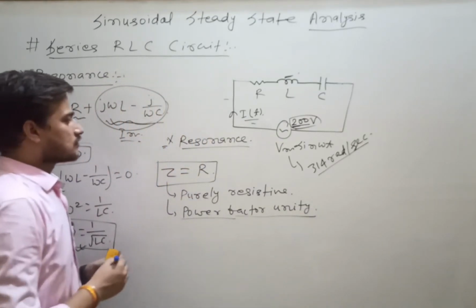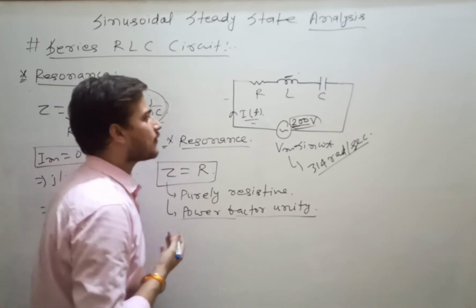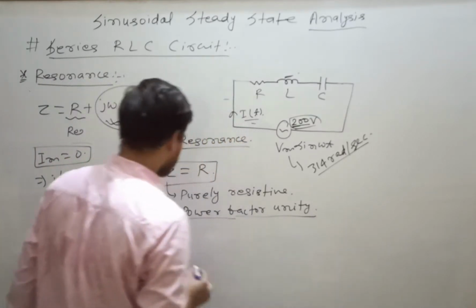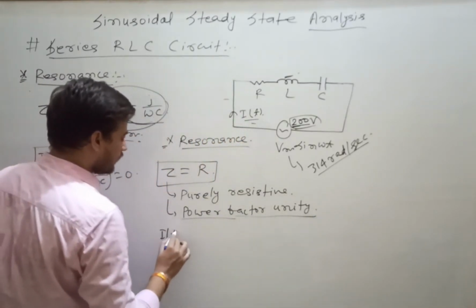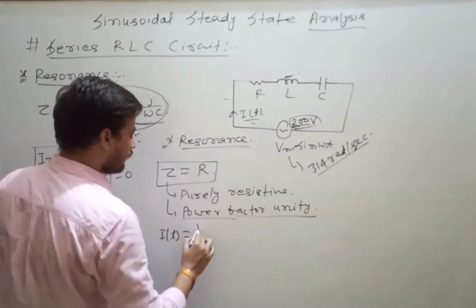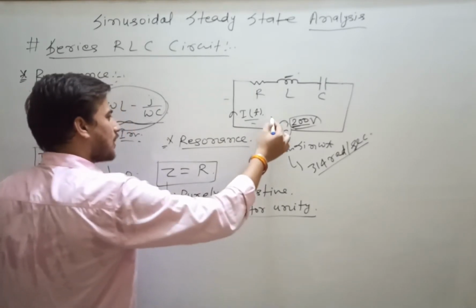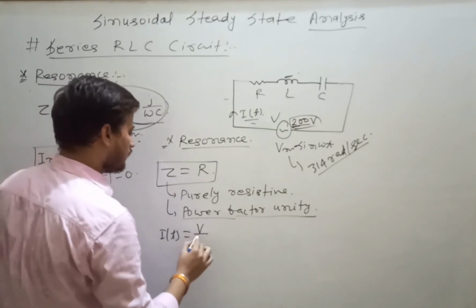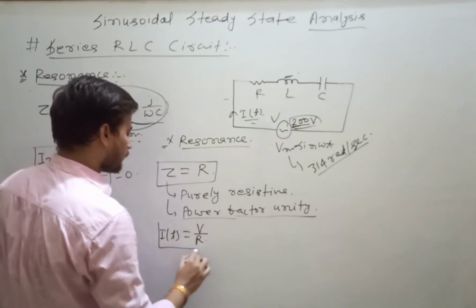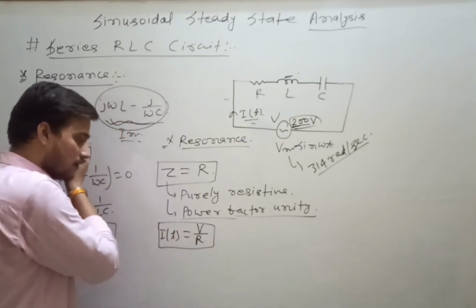Clear? So now what about current? If you write current IT, it will be equal to how much? If I am writing the RMS value of this voltage, it is V divided by R only.